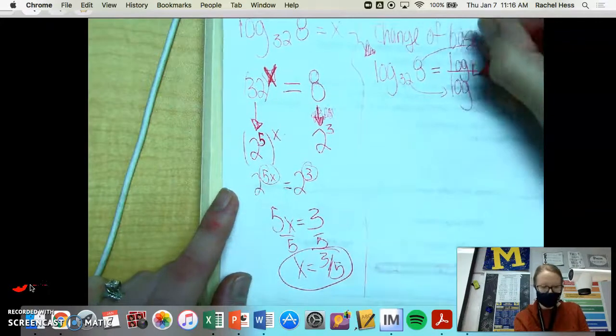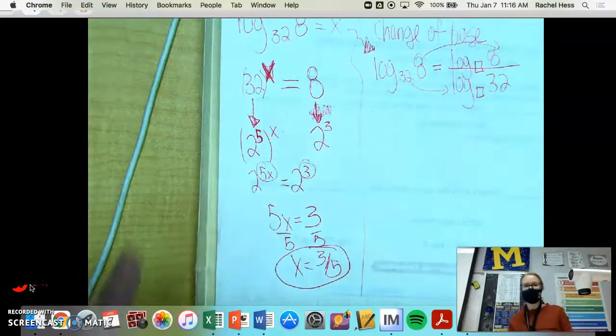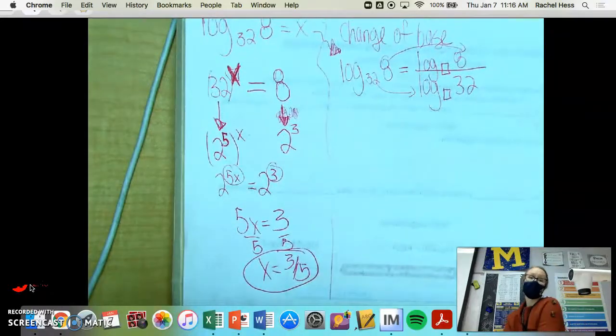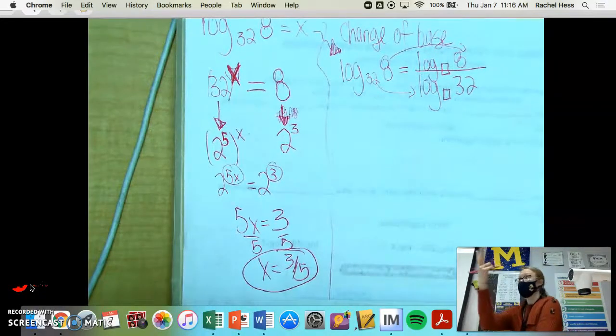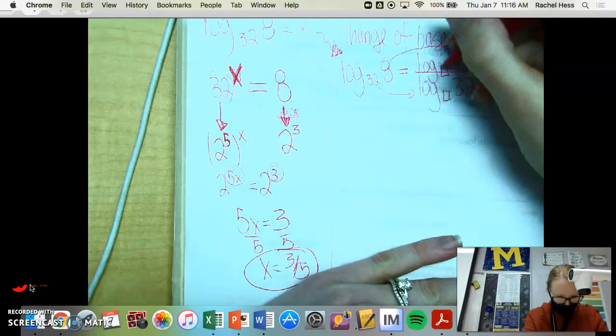And then you had to think about what base would work with both 8 and 32. Well, that would be 2, right? 2 is the only number that would work for both of those.